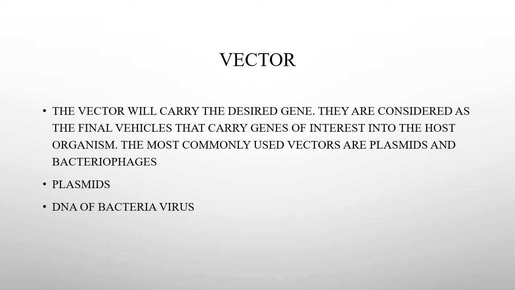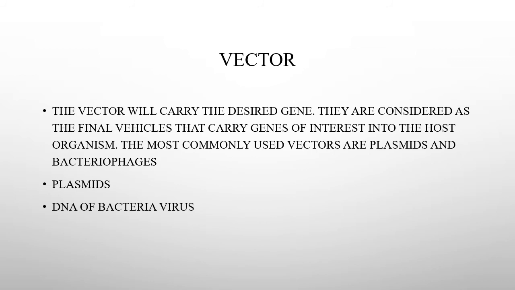Investigators discovered plasmids during their study of the sex life of the intestinal bacterium Escherichia coli. They carry genes for antibiotic resistance and fertility.